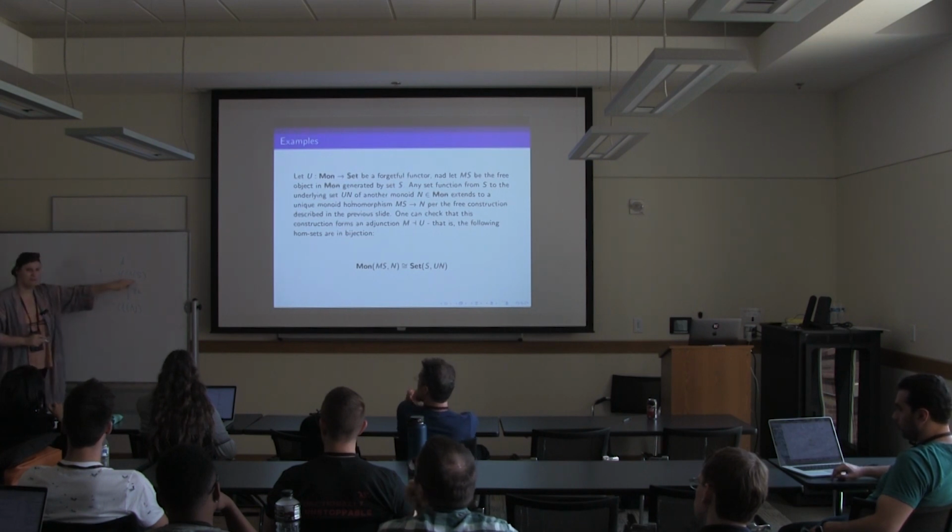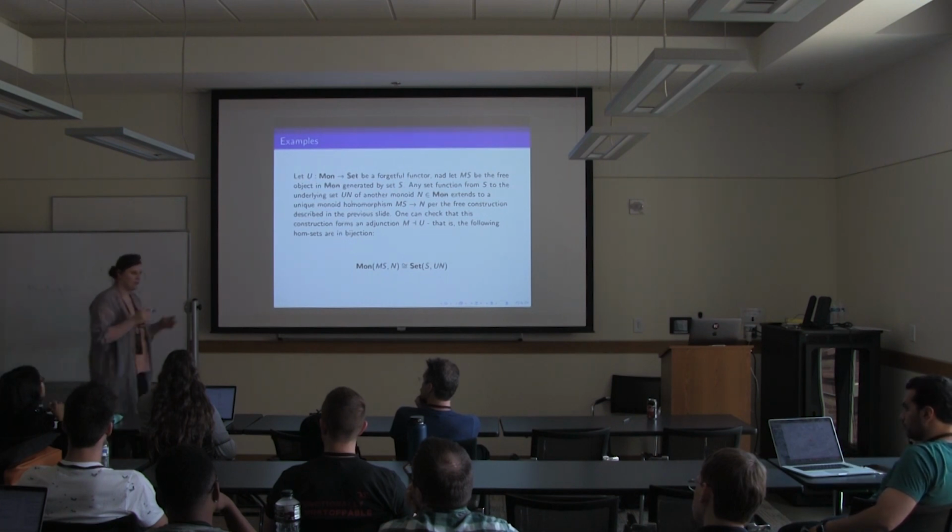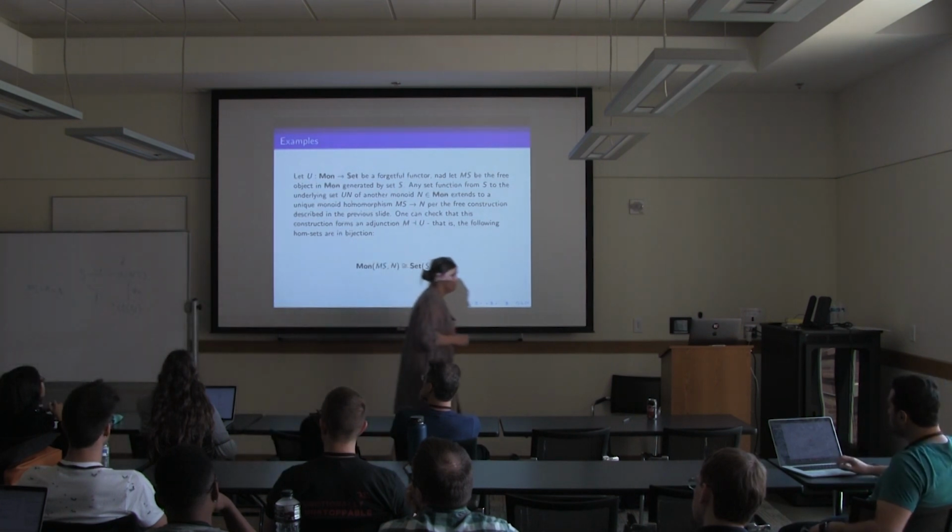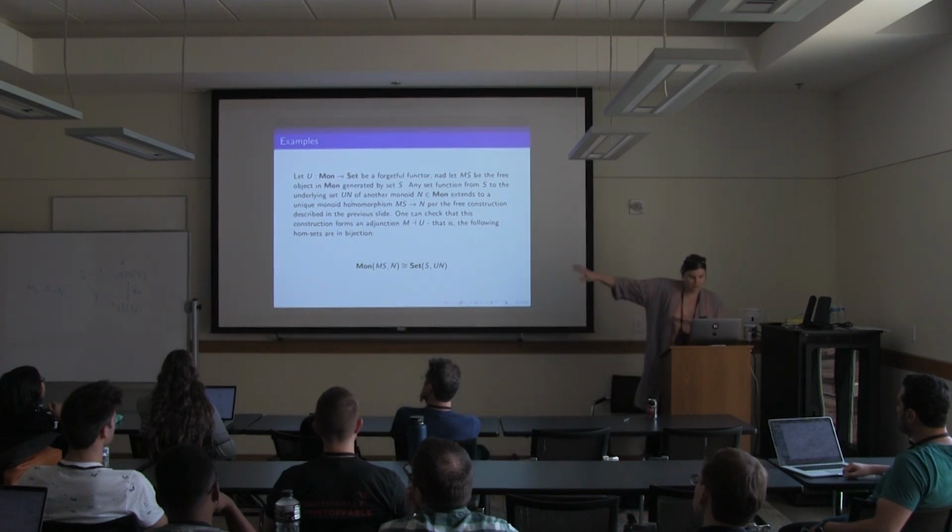MS is our free object, and the forgetful functor here is an important part of this. It tells us exactly what our generators are for this monoid. So you end up with this adjunction here.